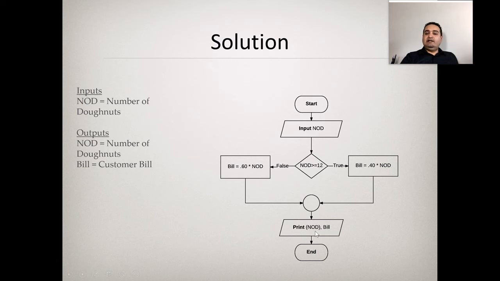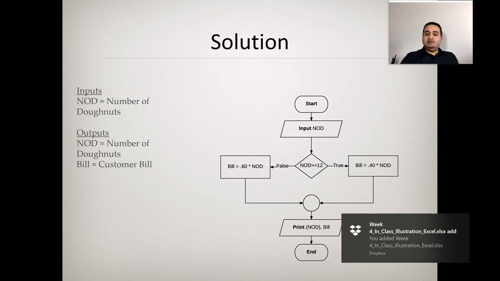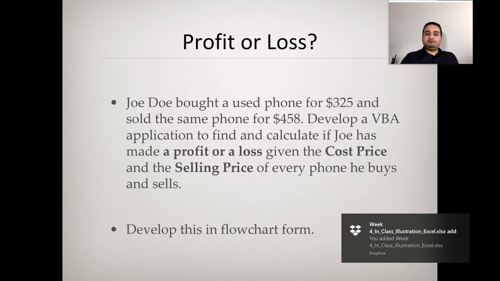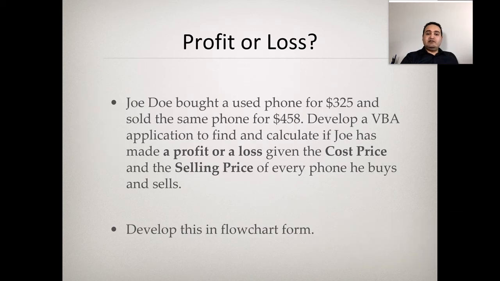So you got the idea now how to use the diamond shape. We use it if we have a condition or a logical condition. So what about this example here? Jodo started this business of buying used phones and selling used phones, and he wants us to create a flowchart to decide whether he is losing or making a profit out of those phones that he buys and sells.